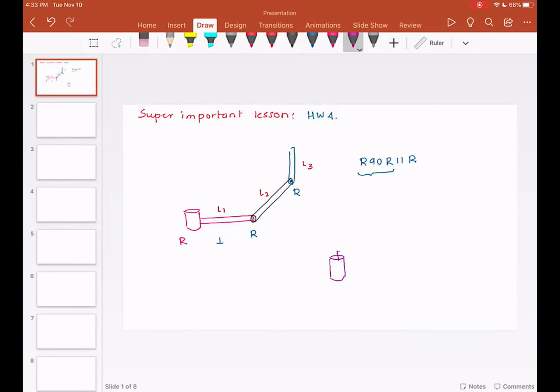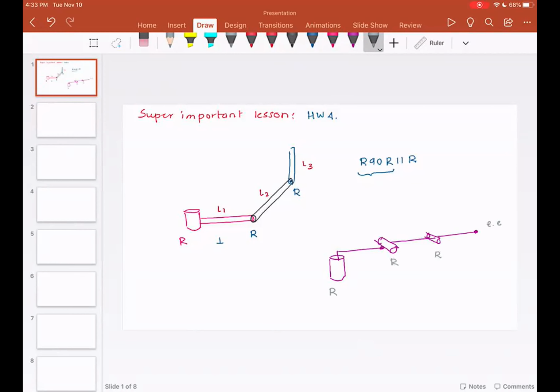So you have a robot, something like this. Then there is a revolute joint. Then there is another revolute joint. And there is the end effector. So you have this end effector, you have this revolute joint, you have this revolute joint, you have this revolute joint.